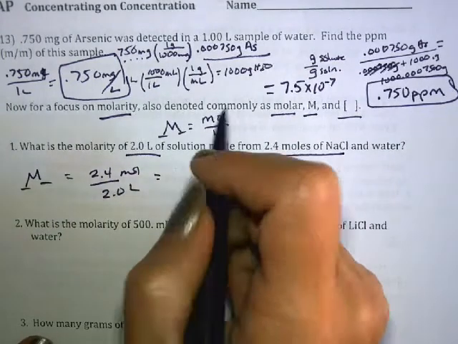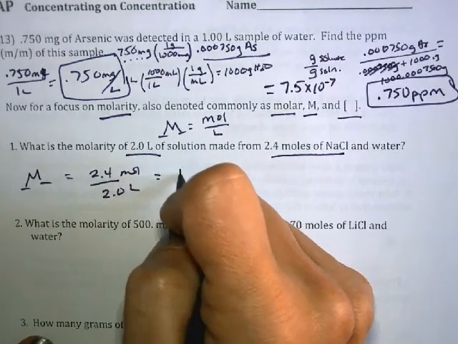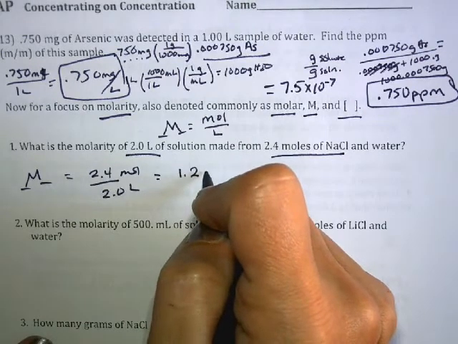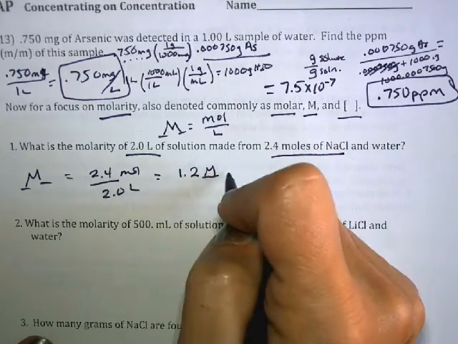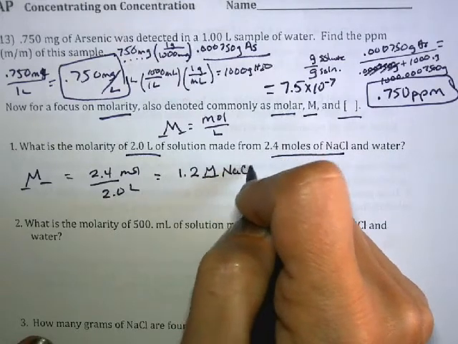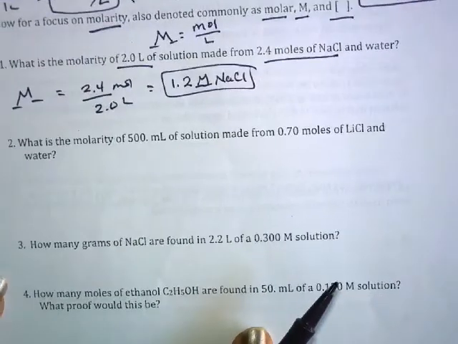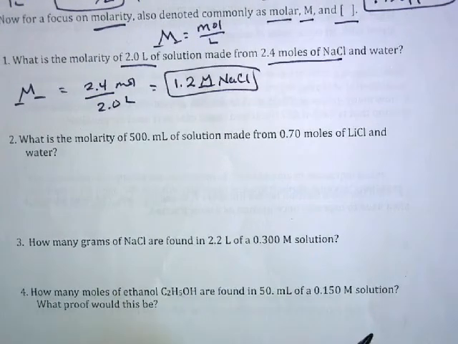Easy does it. 2.4 divided by 2, 1.2 molar NaCl.